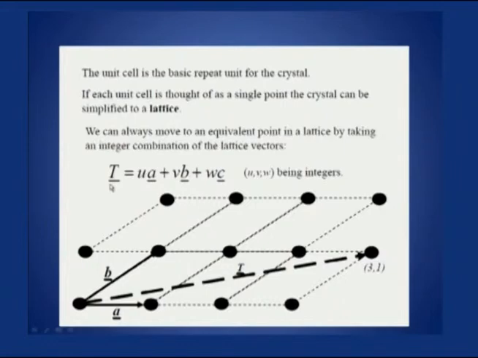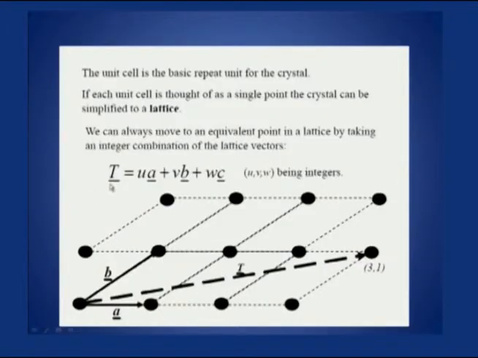It is called a primitive cell, and in a moment I will show what is meant by compound unit cell, right. Now, once again I am showing what is called T. T is called the translational lattice vector. T is equal to u times A plus v times B plus w times C, where u, v, w are integers, right, or n1 times A plus n2 times B plus n3 times C. What are A, B, C?